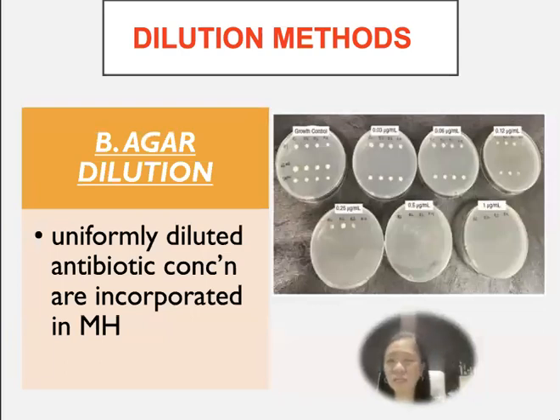Isa lang na antibiotic, penicillin. Kung magtetest pa ng iba, another 5 tubes. So gastos talaga. Okay? So kung meron kang 8, 4, 2, 1.5 and then your 0.25 micrograms.